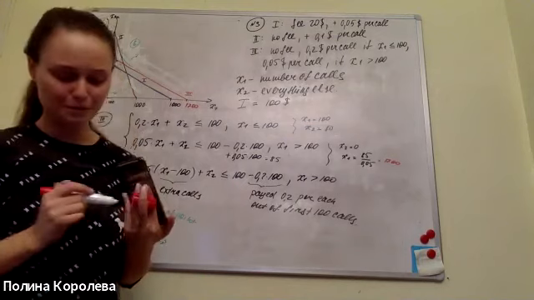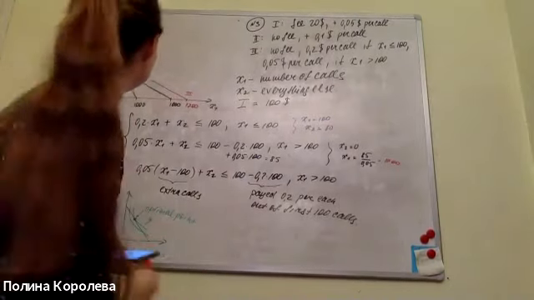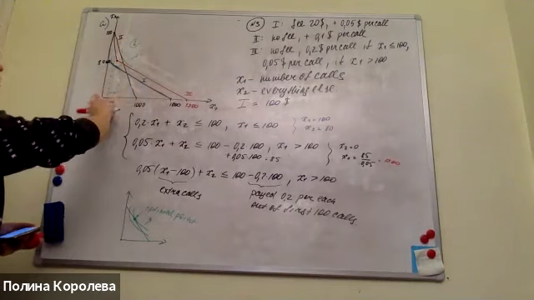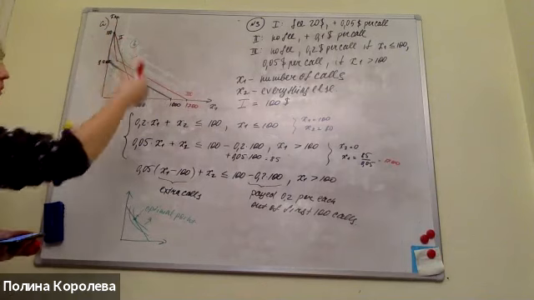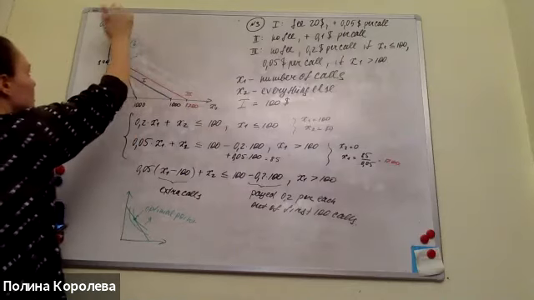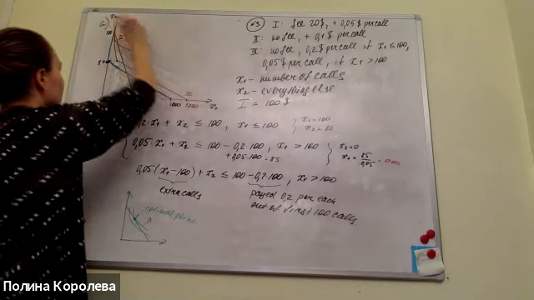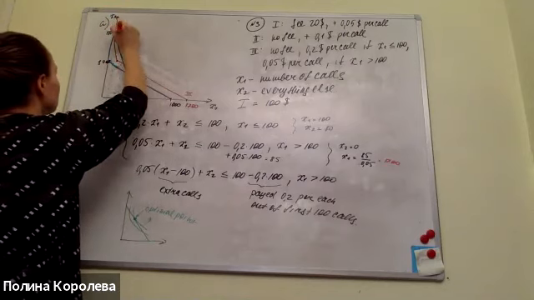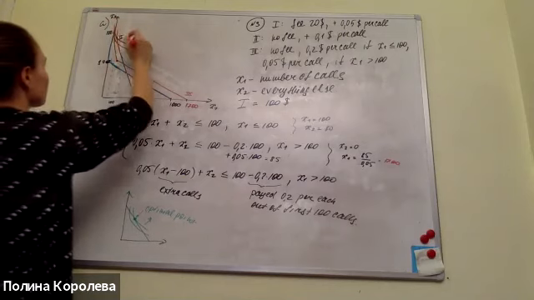So no calls under option 1, where will it be? So we're here, and we will spend all our money. So the indifference curve is here. And under option 2, we will have calls. More is better.